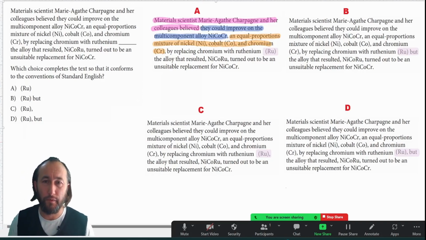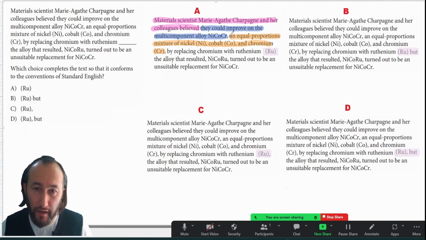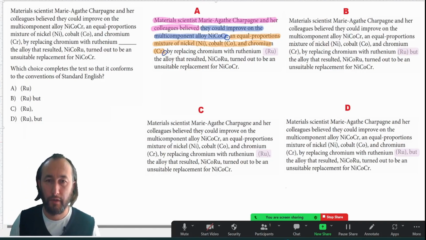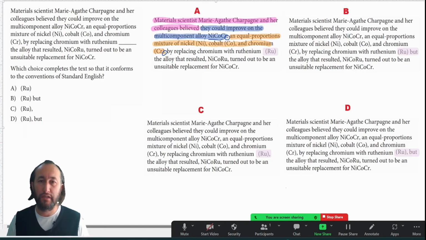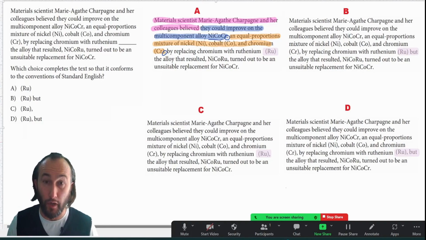Why is this extra information? Because of the two commas here. We got a comma here and a comma here. This is extra information, guys, for this noun, NiCoCr. They're explaining what it is: an equal proportions mixture of nickel, cobalt, and chromium.